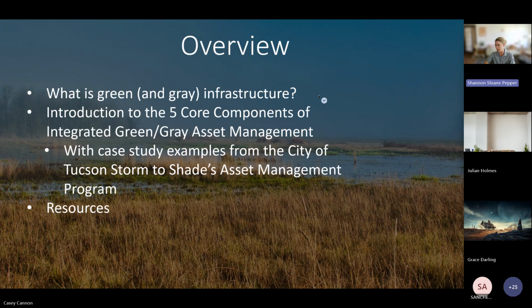And I'm going to throw in some case studies from the city of Tucson. Their Storm to Shade program is currently implementing an asset management program, is in the early stages, and I think they're a really great example of one way to approach this. And then I'll go over a few different resources that I'd recommend if you're really curious and want to follow up on this topic. So let's get into it.